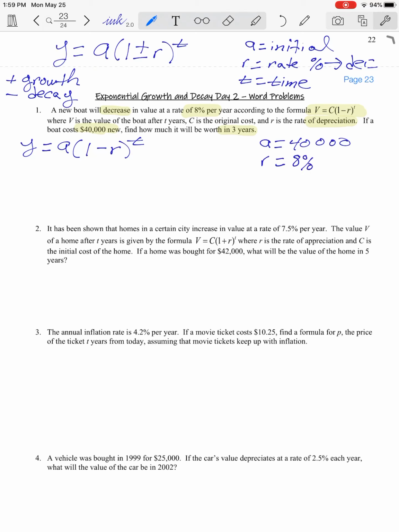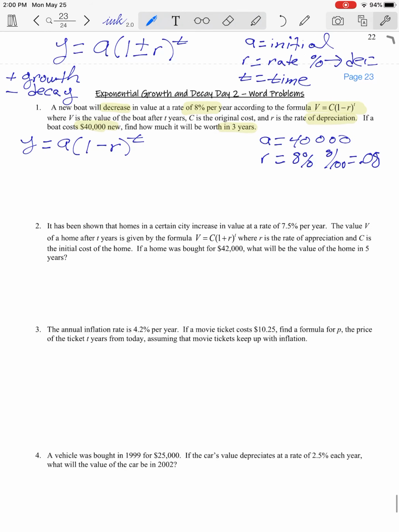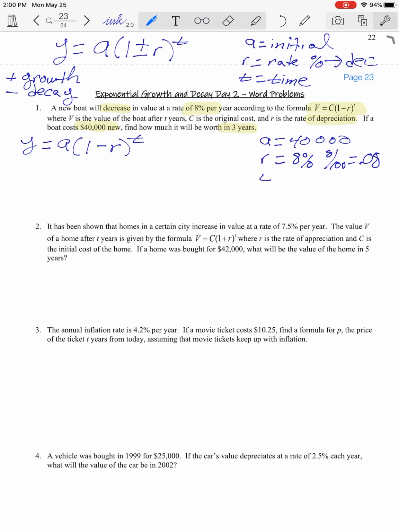To change percent, you could either move the decimal 2 places to the left, or you can divide by 100, 8 divided by 100. Either way, you're going to get 0.08, okay? Then what I'm going to have is the time. It told us the time, 3 years.